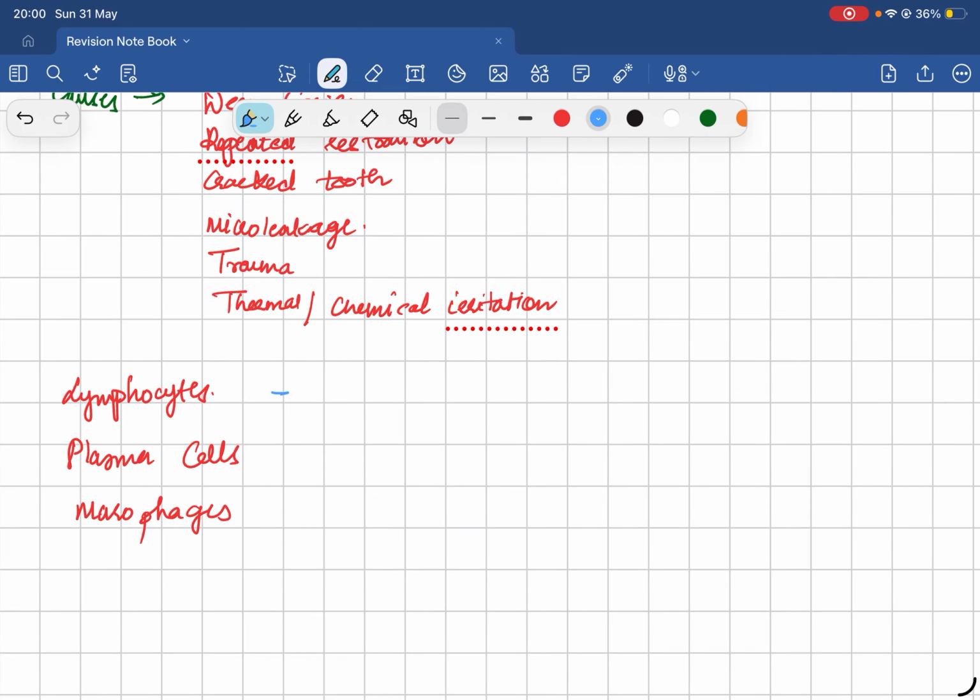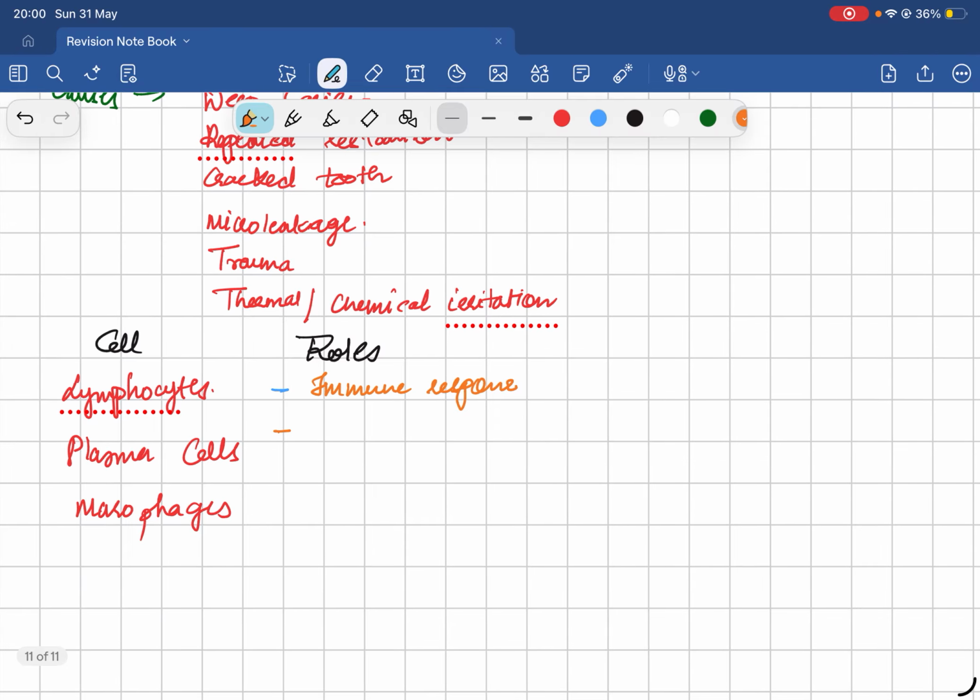So what will be their role? If lymphocytes are present, what are their roles? Mostly the role of lymphocytes will be immune response, and plasma cells, antibody production, and macrophages will be phagocytosis and chronic inflammation control.